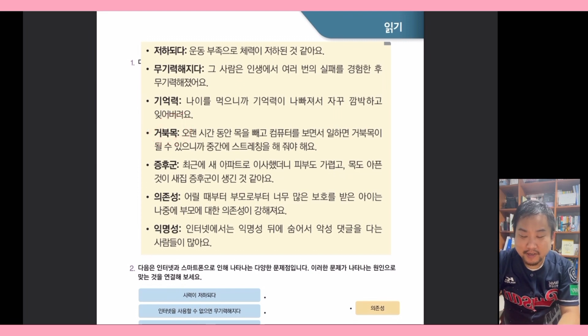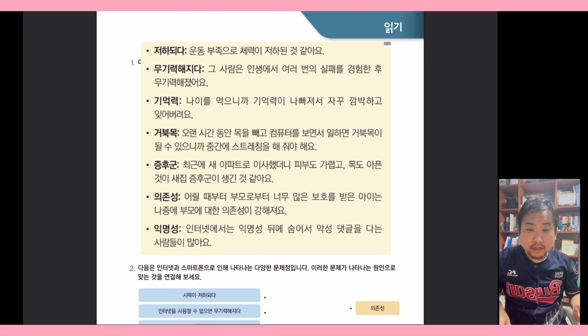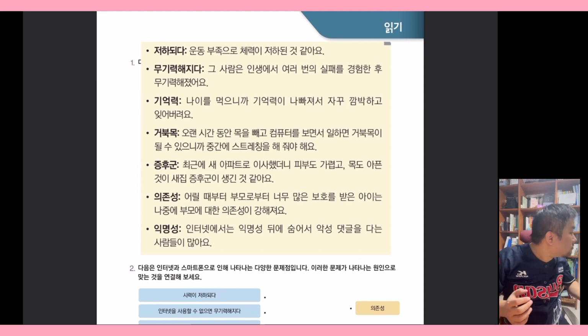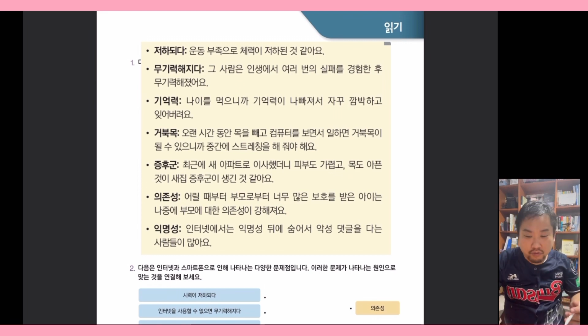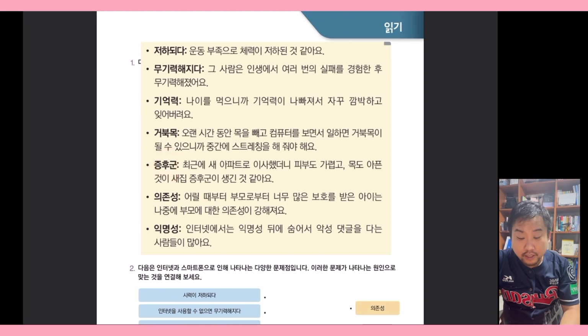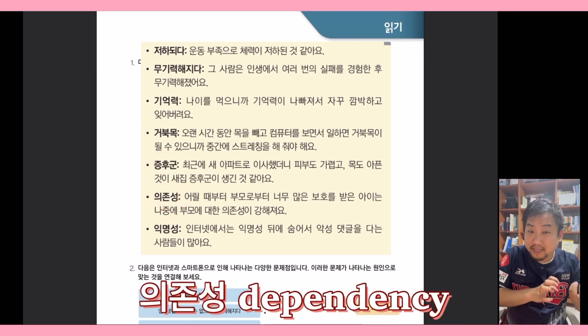거북목. So 목 is your neck, 거북 is turtle. So think about how's turtle's neck? Like this one. So because of many using the screen or computer, we become this one is 거북목. And 증후군 is a syndrome. 의존성 is dependency.